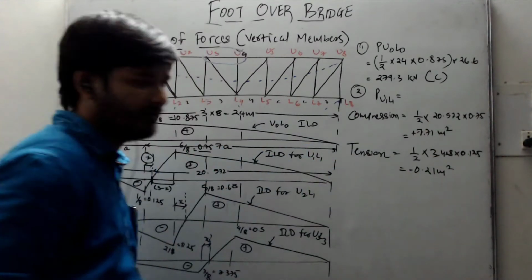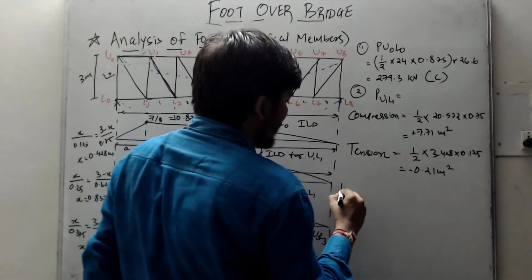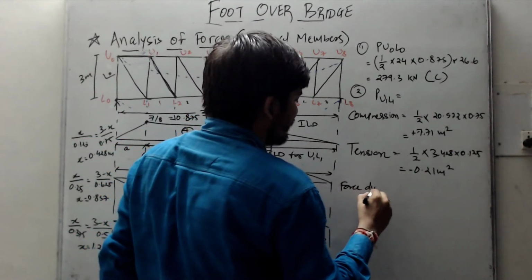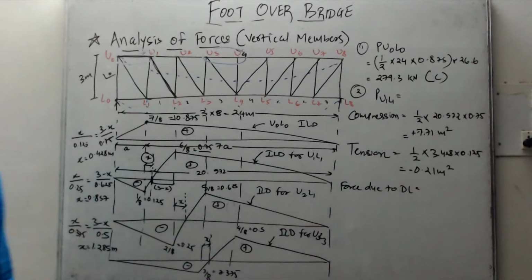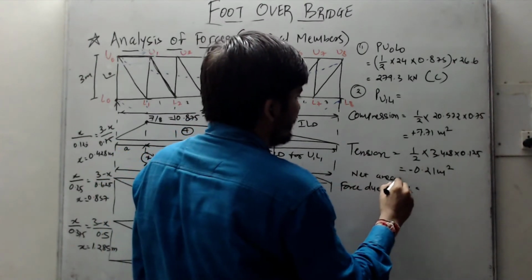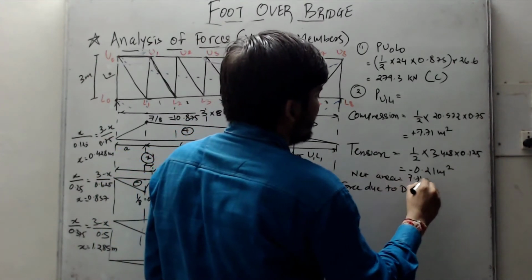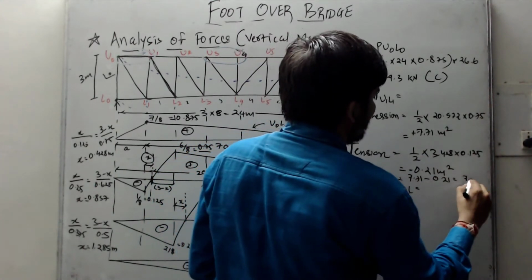Alright, so now next is force due to dead load. Before calculating that we need to calculate net area. So net area will be 7.71 minus 0.21, so it will be 7.5 meter square.